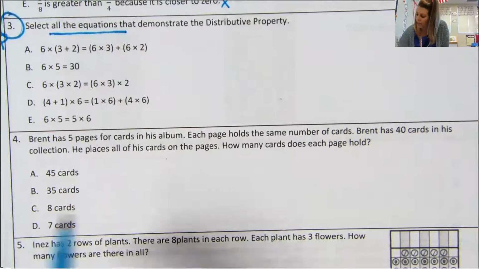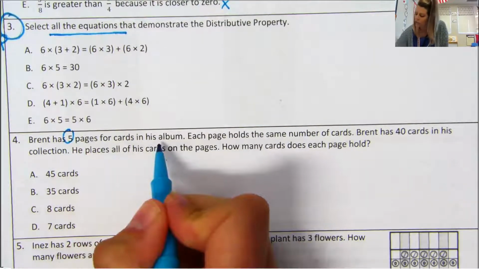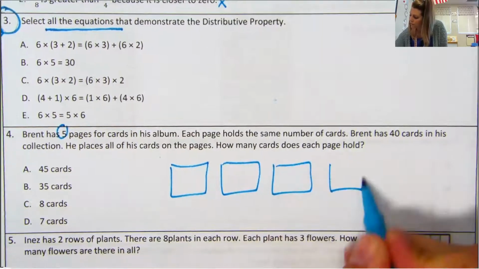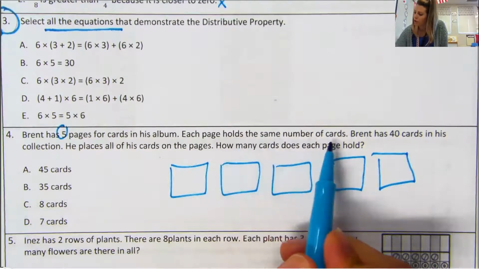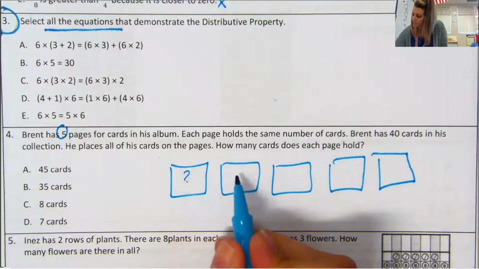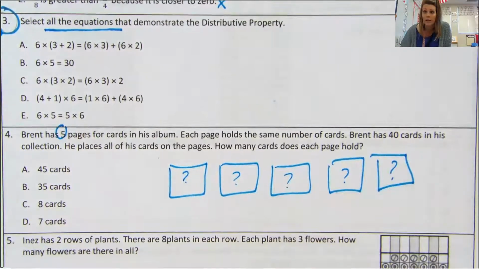All right, we know that he has 5 pages for cards. Okay, so that's like saying 1, 2, 3, 4, 5. Each page holds the same number of cards. We don't know that. So that's like saying, we don't know how many are going to hold it.